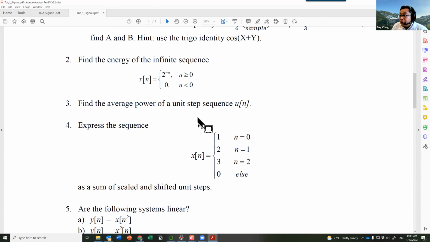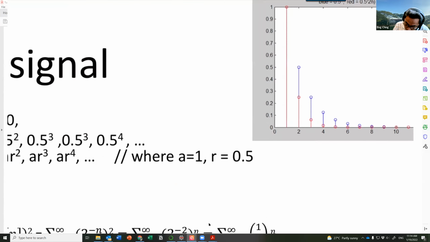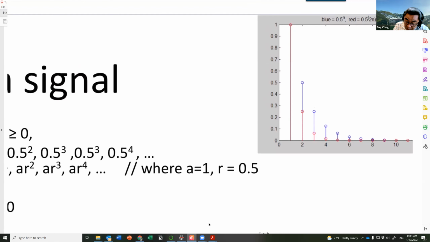The sequence is x[n] equals 2 to the power of minus n for n greater than or equal to 0, and 0 otherwise. So let's draw this sequence first.